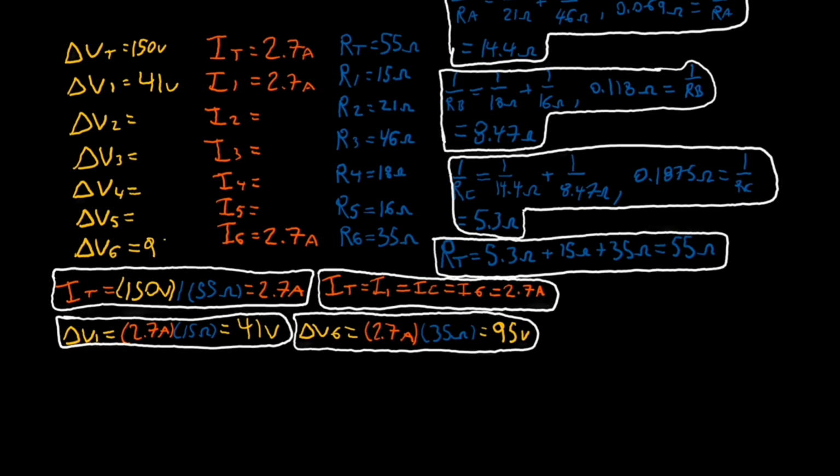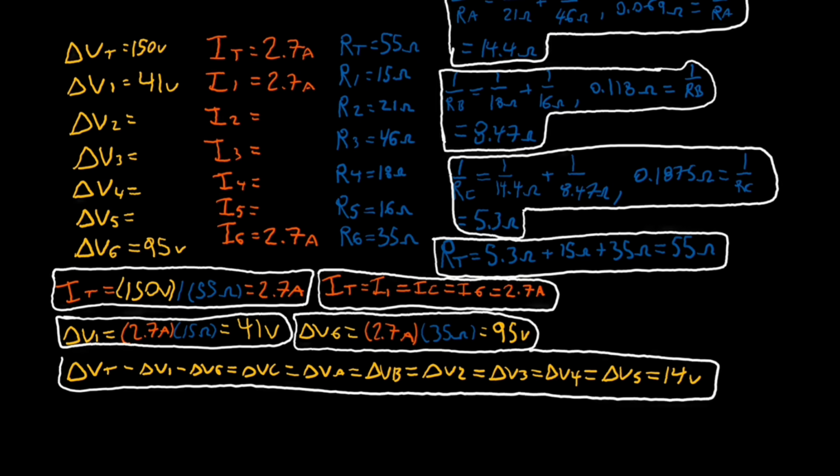And similar to the last question, we can subtract the two voltages for the resistors that are in series from the total voltage to find the voltages of all of the resistors that are in parallel, in which they all have equal voltage. And so to show this, we would put Vt minus V1 minus V6 equals Vc, which equals Va, which equals Vb, which equals V2, V3, V4, and V5 to equal 14 volts.